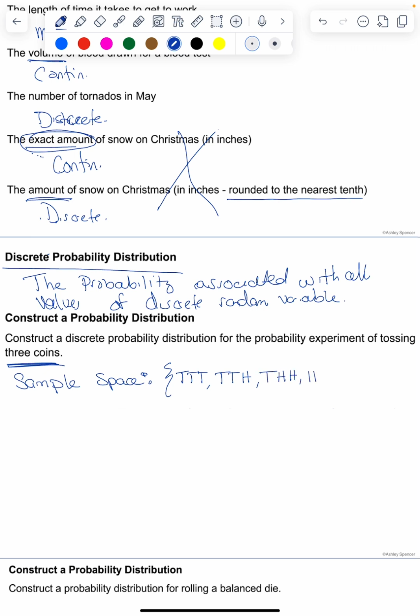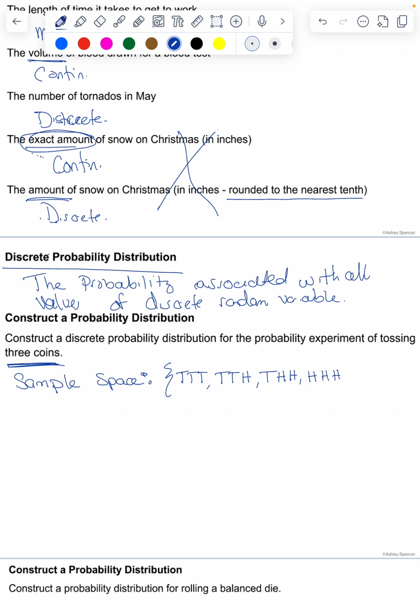We're going to have heads, heads, heads. So where are we? Let's make sure we get all of them. Remember, it doesn't matter about the order for this one.